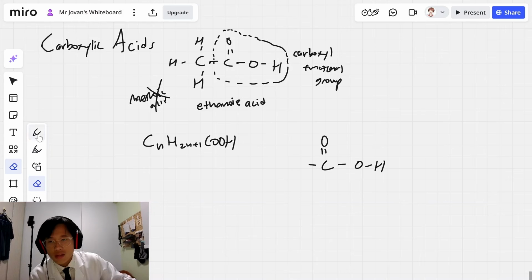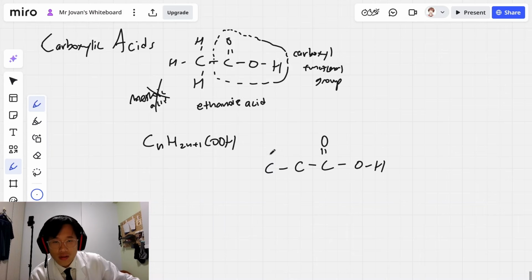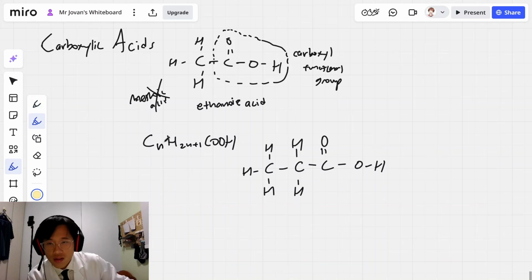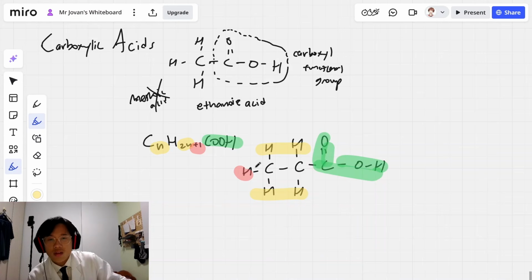For this case, let me try drawing. Let's try this. Cn, so 2n, up, down, 2n, plus 1 at the side, plus 1, COOH.